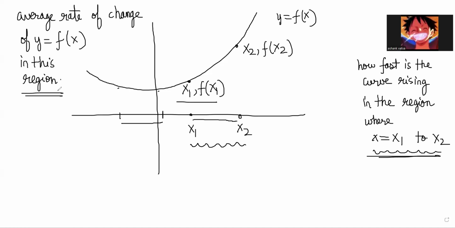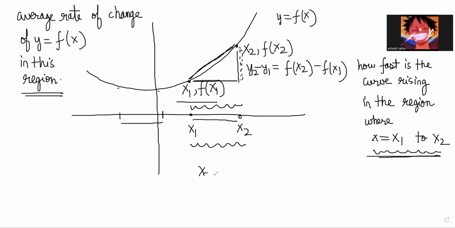If you want to find the average rate of change, you can just join the 2 points like this with a line segment, and we can find the slope of this line segment. The slope of this line segment will tell us roughly how fast it is rising in this region, because this height will be y2 minus y1 or f of x2 minus f of x1, and this difference would be x2 minus x1, right?